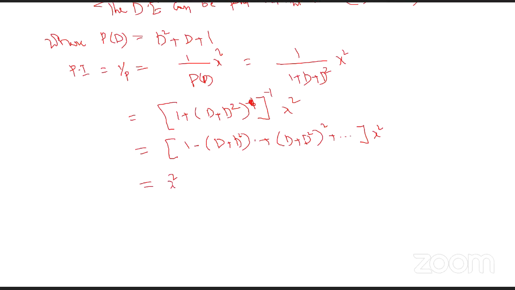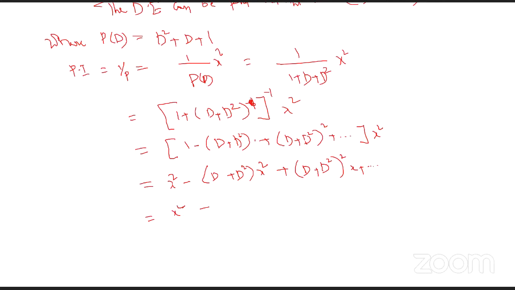Differentiation of this is nothing but like that. (D + D²) into x² + (D + D²)² into x² + 1 equals x².